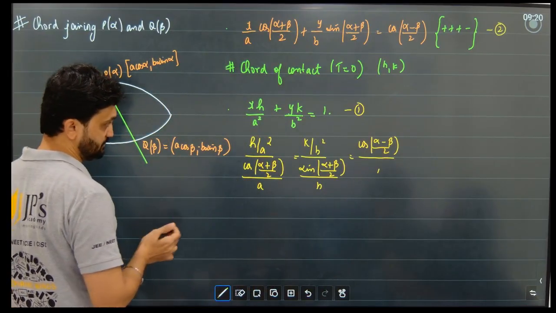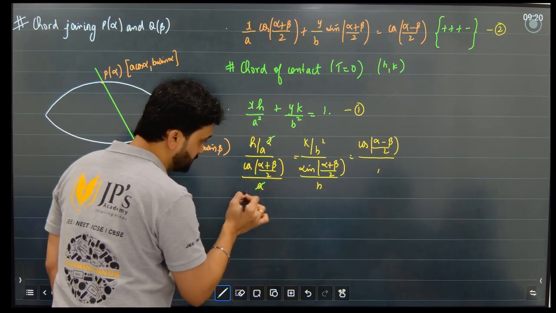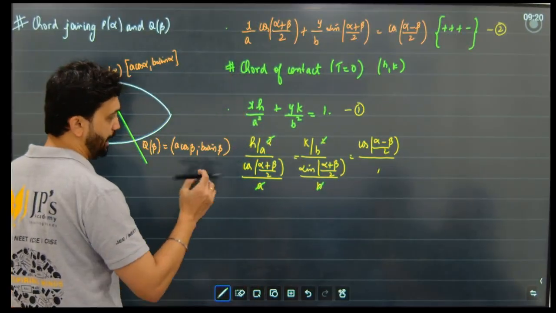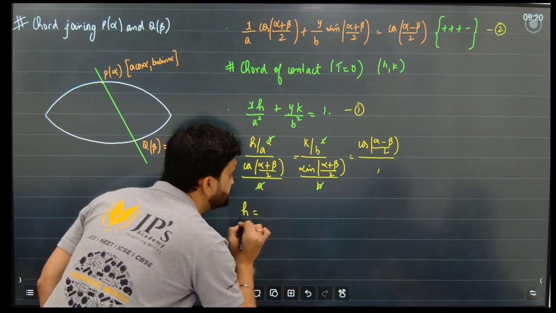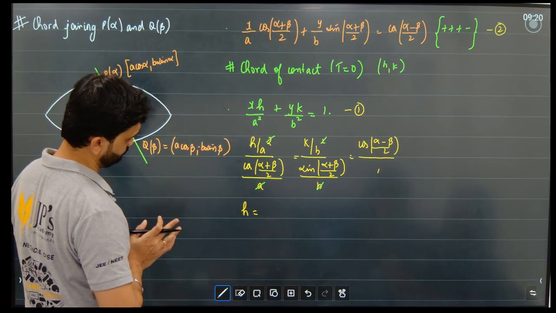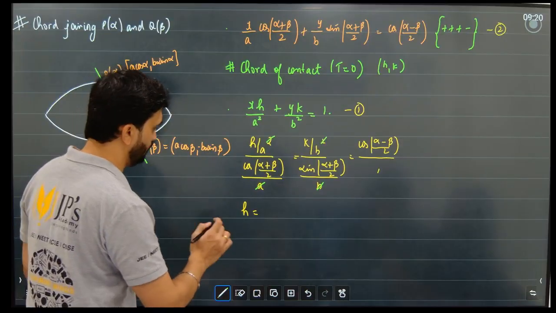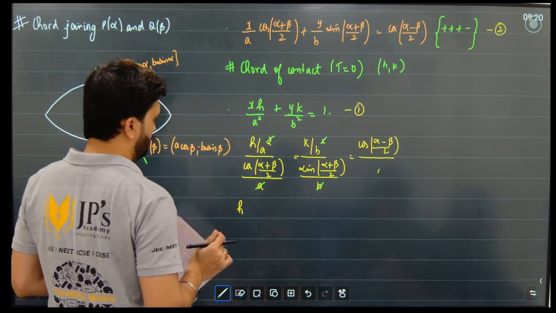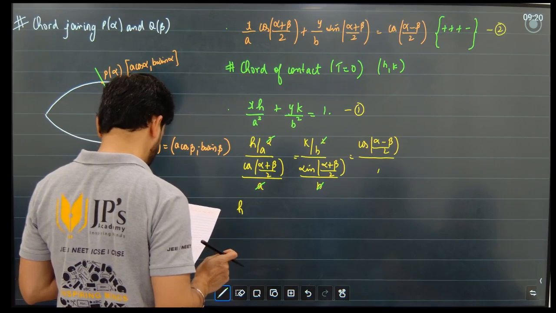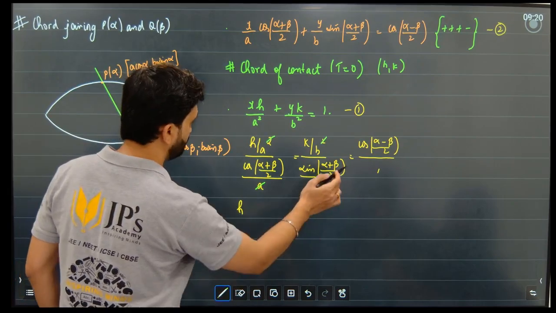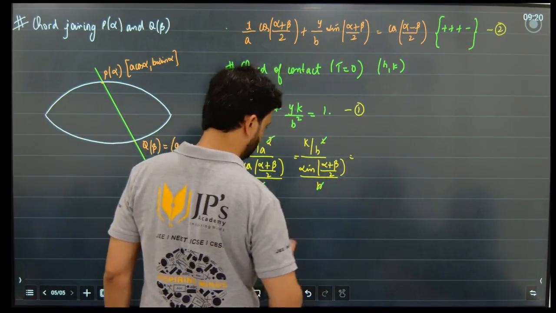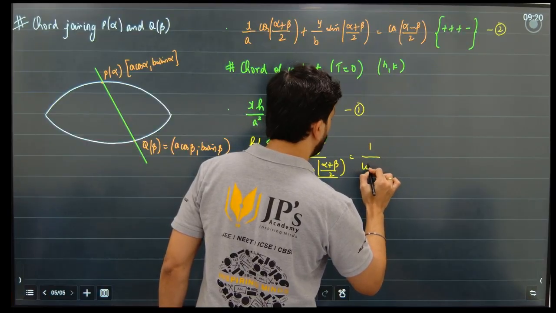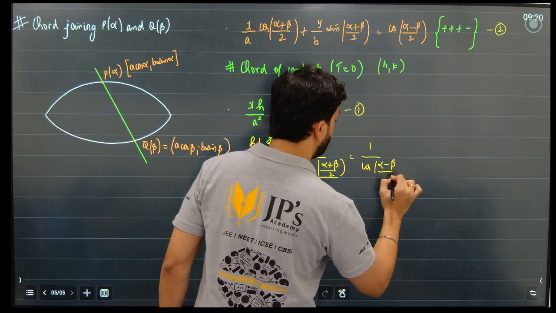Now let's substitute this. If you check, my a square and a get cancelled, my b square and b get cancelled, and I am left with h upon, this will become 1 upon cos alpha minus beta by 2.